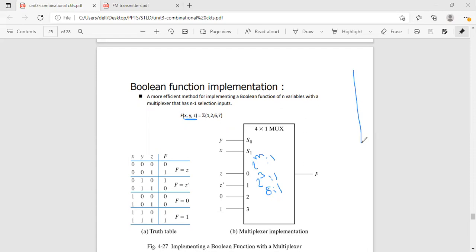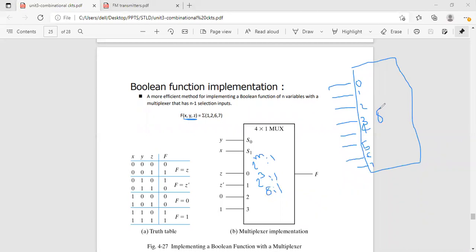So how many input lines here? 8 input lines. These input lines we can represent 0 to 7: 0, 1, 2, 3, 4, 5, 6, and 7.